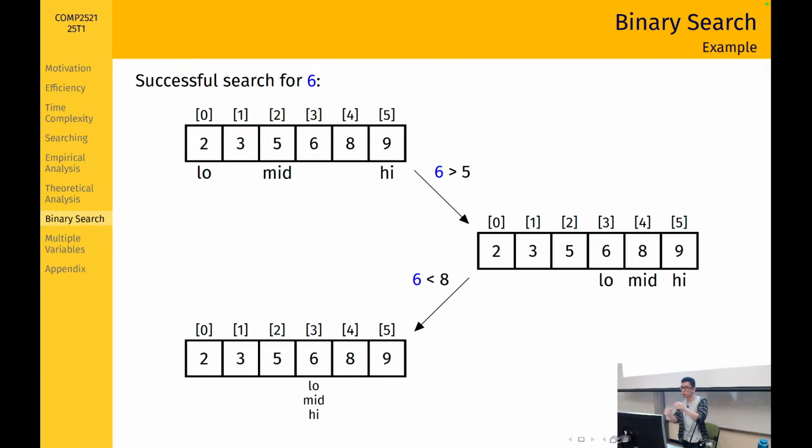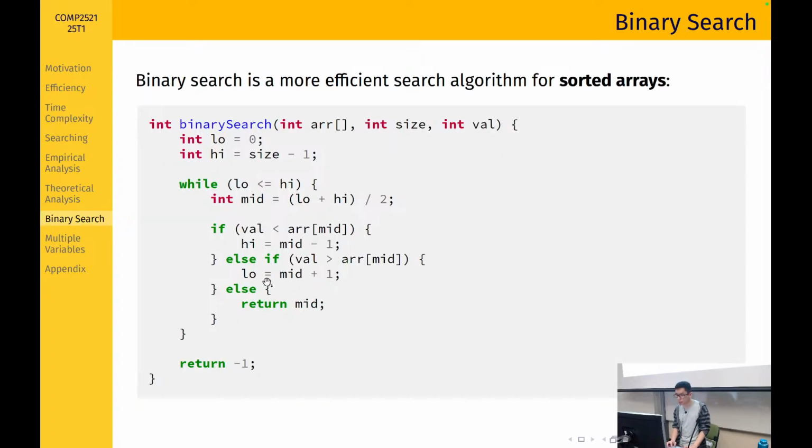So that's 5 divided by 2, which is 2. So that means we check this index, right? It's 5. Since 6 is greater than 5, what do we do? Well, we update low to be equal to mid plus 1, right?